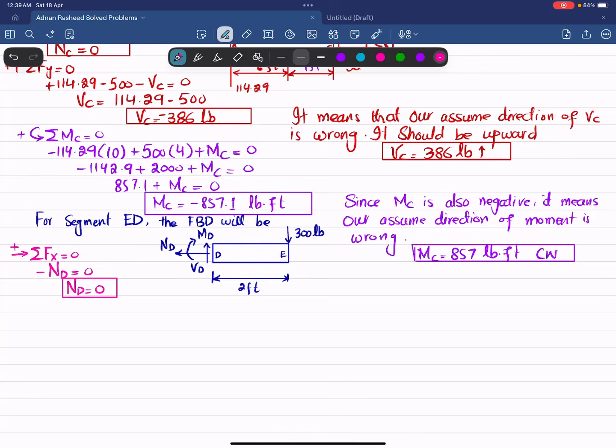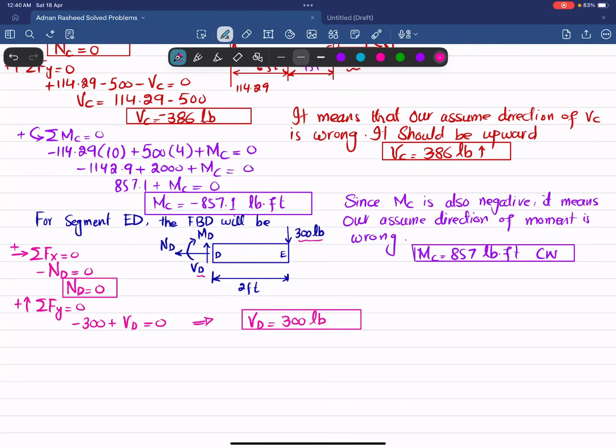We will find VD by using the second equation, sum of all forces along y direction equal to 0, with upward force taken as positive. So the load acting downward is minus 300 plus VD, which we have taken upward, is equal to 0. So VD is equal to 300 pounds. This is the internal shear force at point D.